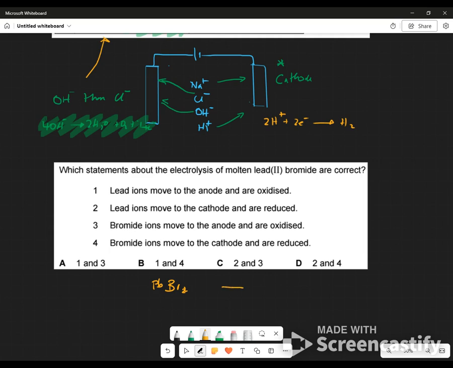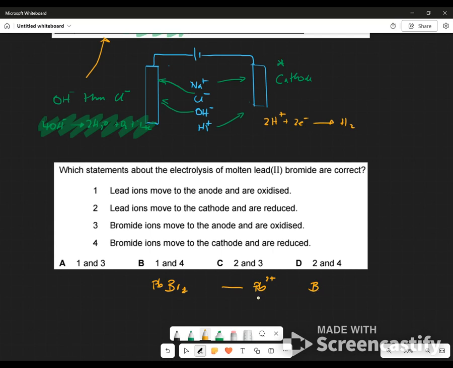There are Pb2+ ions and Br- ions. I wonder if it might just be the internet.